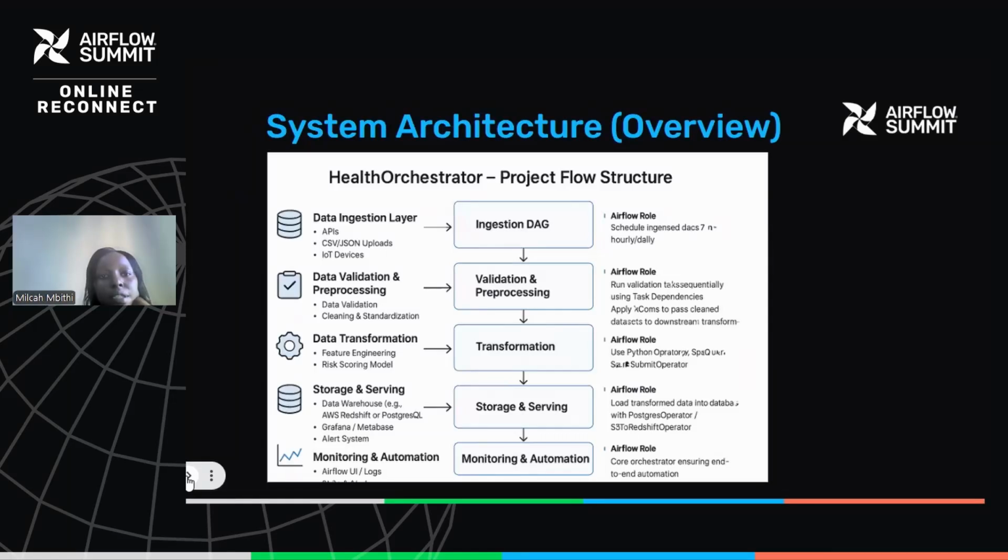Let's talk about the system architecture of the project. Looking at the picture in the slide, this is basically how the project works. The first layer is the data ingestion layer, where data is pulled from APIs, CSVs, JSON uploads, and other IoT devices like medical sensors.